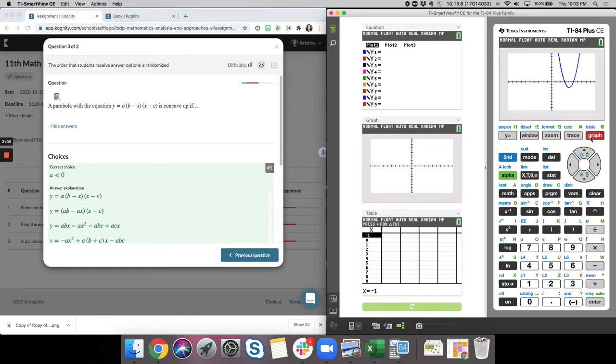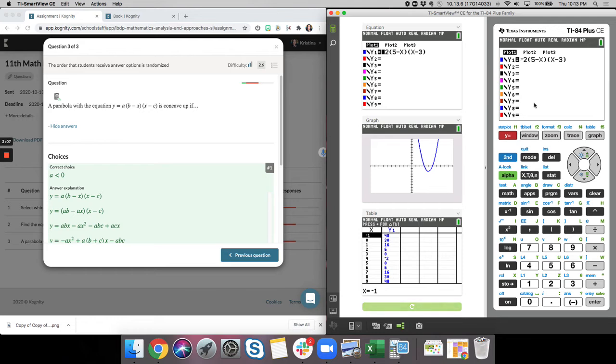When I hit graph, I do see a concave up parabola. And I'm going to show you in Y2 what would happen. And I realized I used the wrong sign. I didn't want a negative. If I do want the negative, x minus 5, not 5 minus x.